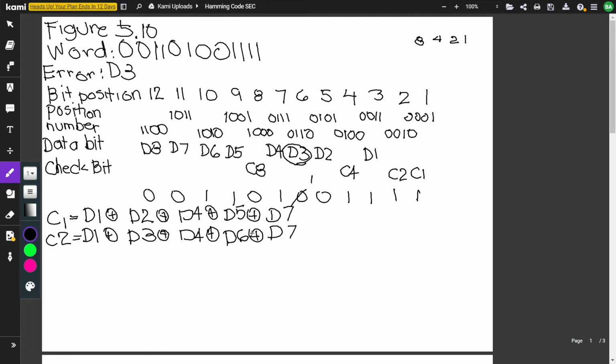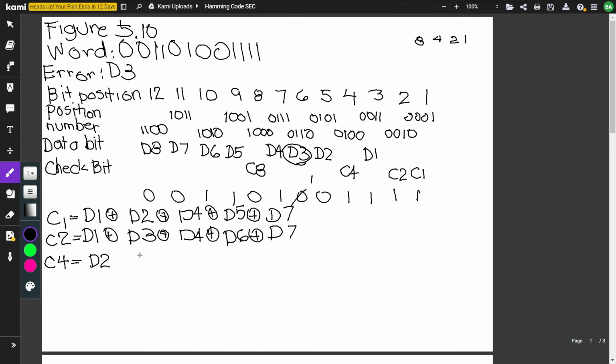Next we have C4. For C4, just the same as C1 and C2, look for data bits which have a value 4 in their position number. So we have 5, corresponding to D2. And then D3 is also included, because of 4 plus 2.